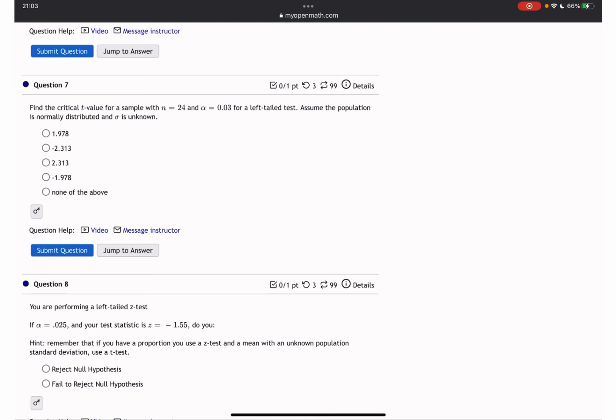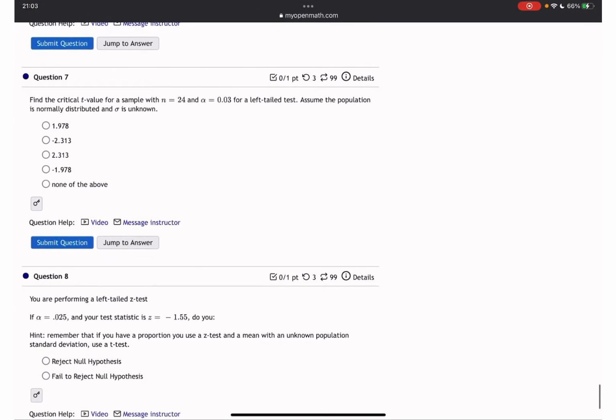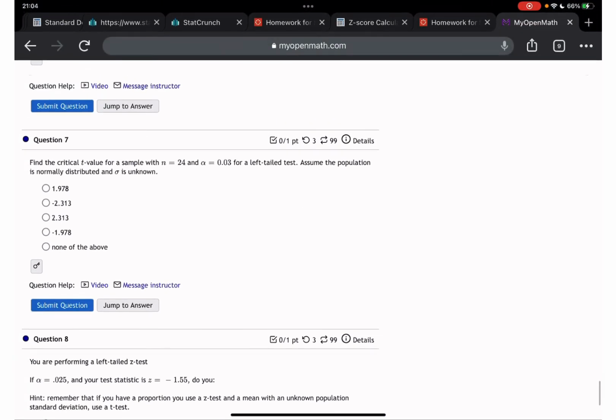So what do we have in question number 7? Find the critical t-value for a sample with n equal to 24, alpha equals 0.03 for left tail test. So we need to find the critical value. So we are going to our StatCrunch. Since n is 24, less than 30, we are using t-score.